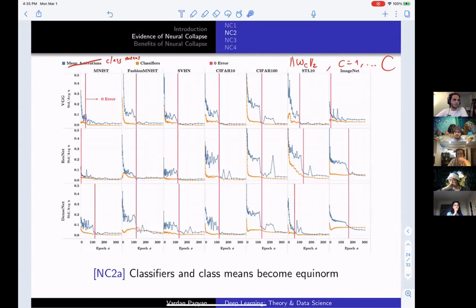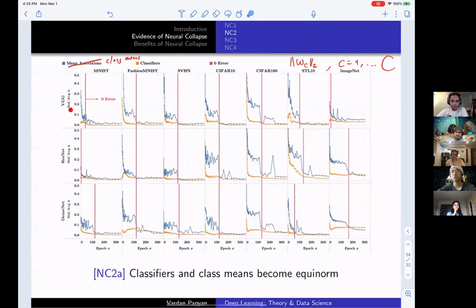So it measures how different the different norms of the classifiers are from each other. Does this make sense?